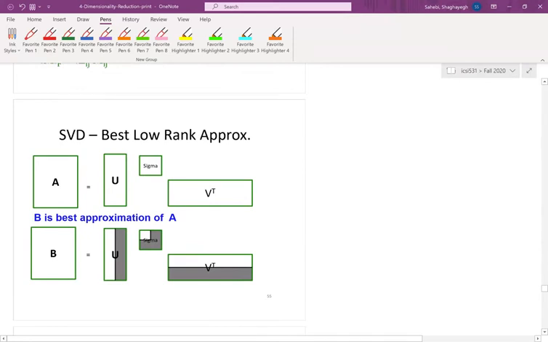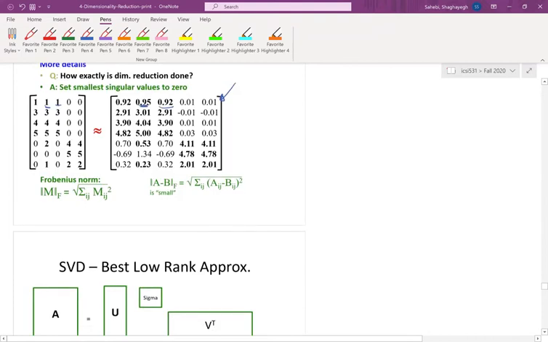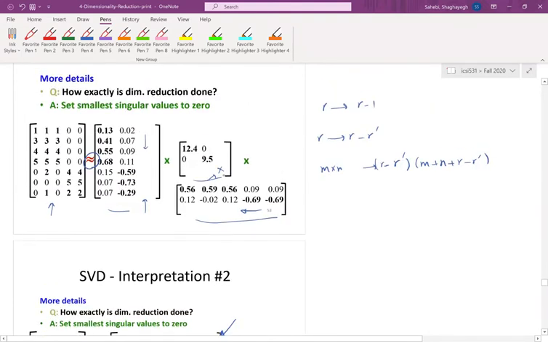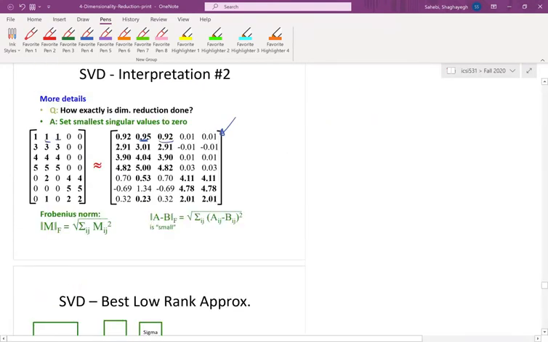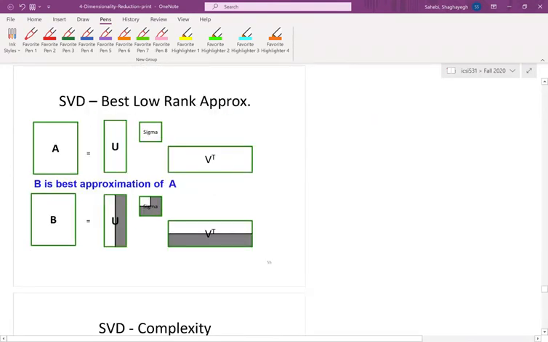Now, because we are removing the smallest singular values, these are the ones that have the least importance in our data. And it can be shown that SVD is actually the best low-rank approximation possible to our original matrix.